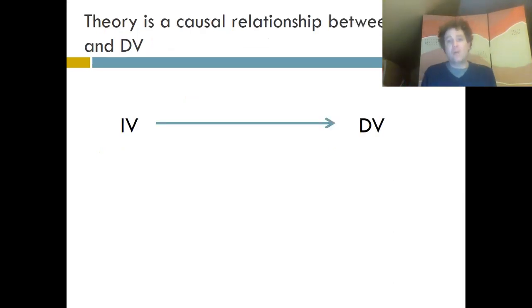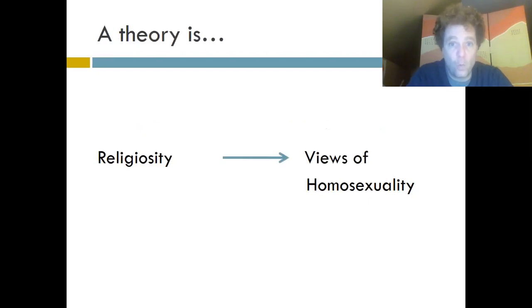You have an independent variable, the cause, and a dependent variable, the outcome. What you're saying when you're creating a theory is that a change in the independent variable is going to cause a change in the dependent variable. You're saying this one thing is going to affect the other thing. And this is essentially what bivariate analysis is.